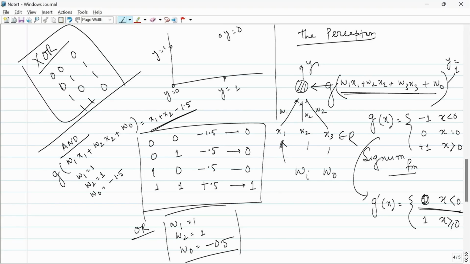It is not able to classify XOR because remember, there is no nonlinearity here. These are all lines, a line in the 2D plane, and a plane in 3D coordinates. There is no nonlinearity. This g is still a step function. So how to address this XOR function?